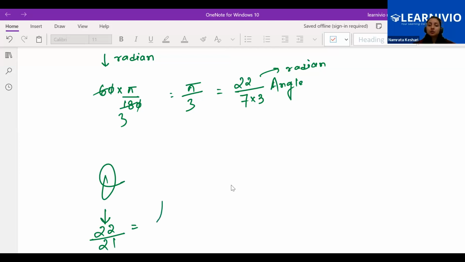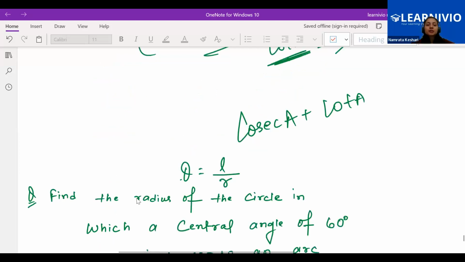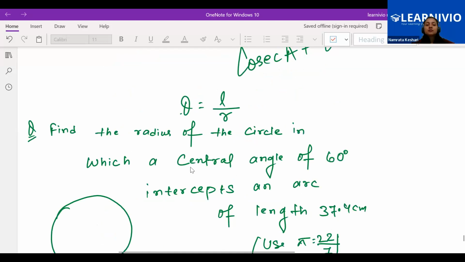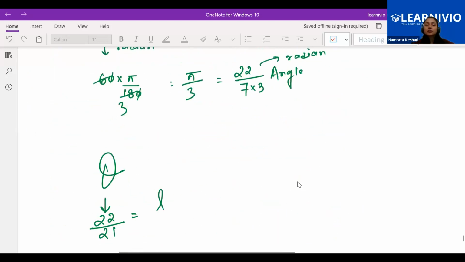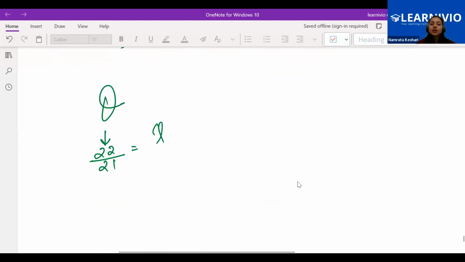Length of the arc. What is the length of the arc? Find the radius of a circle in which the central angle intersects an arc of length 37.4. The length of the arc over here is 37.4.